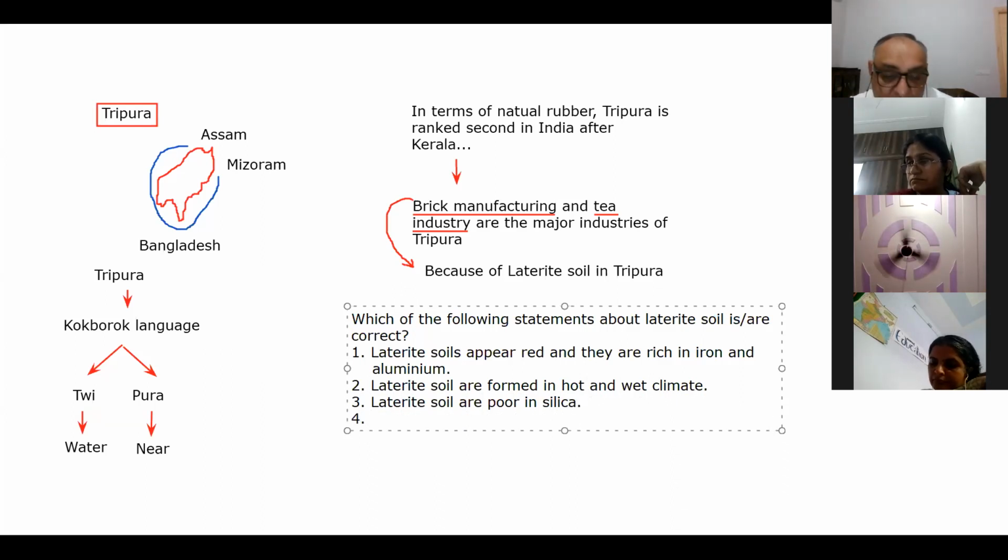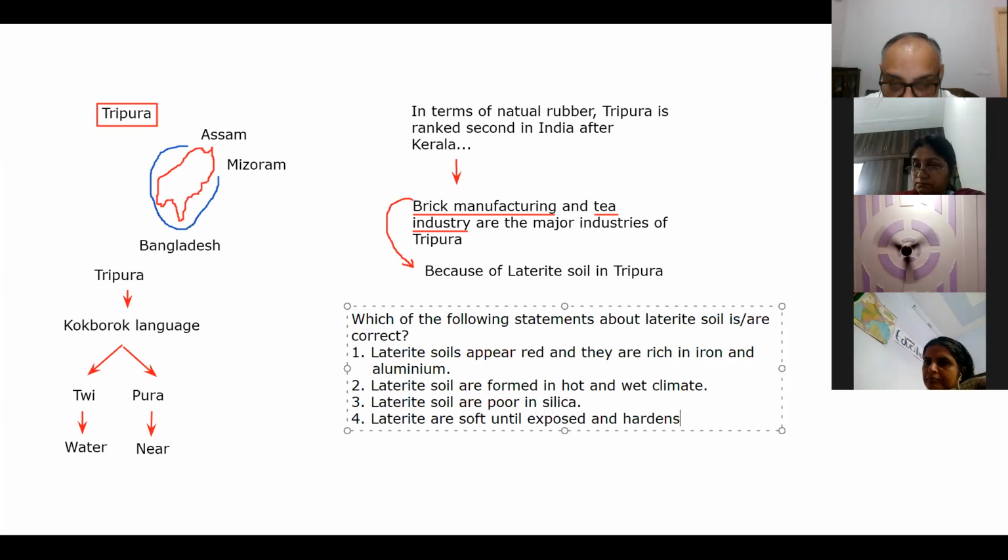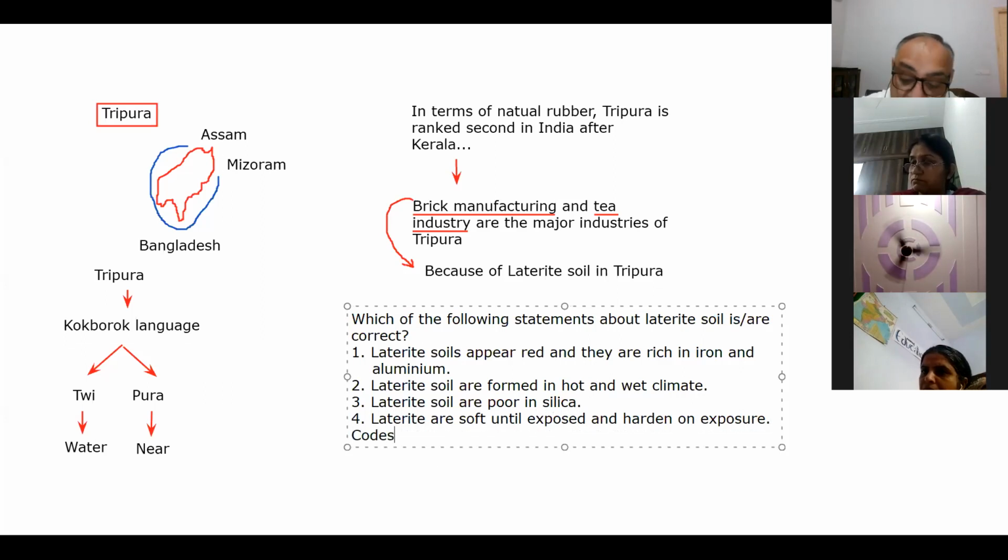And the fourth statement: laterite soils are soft until exposed, and harden on exposure. So these are the 4 statements given here.